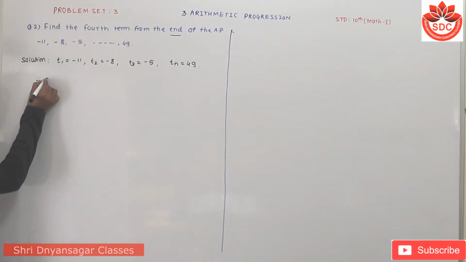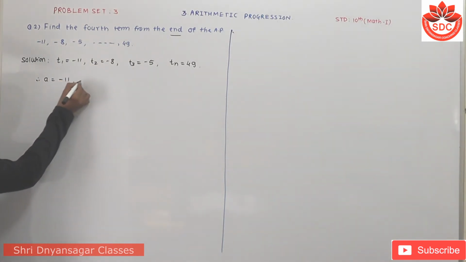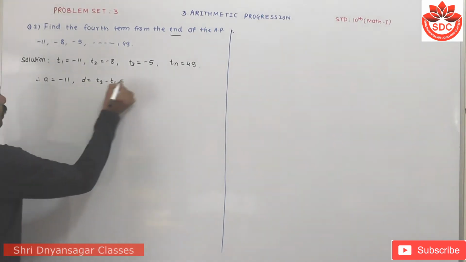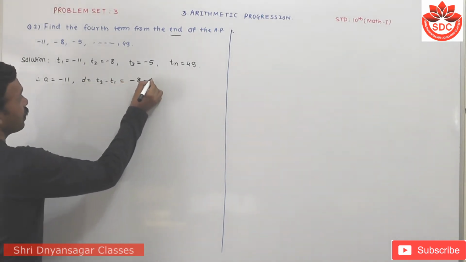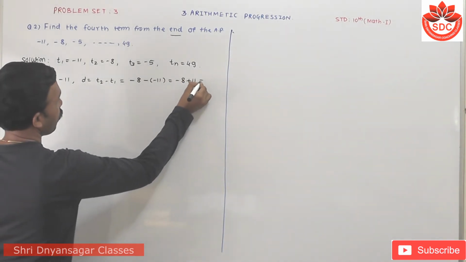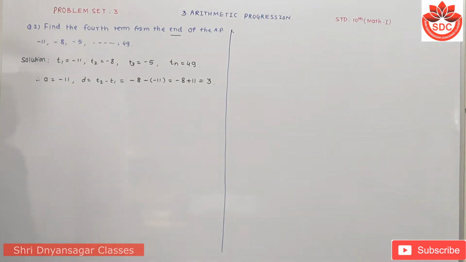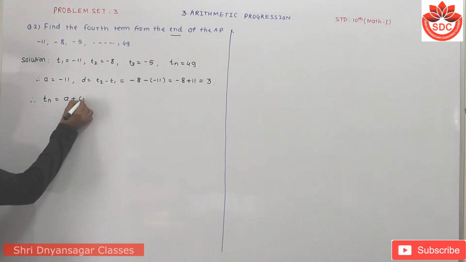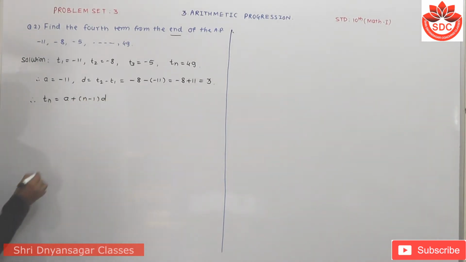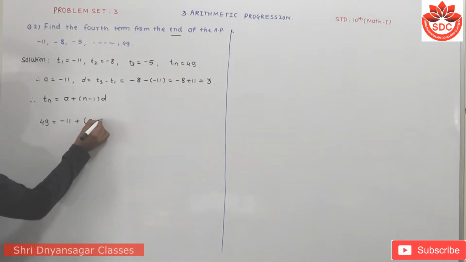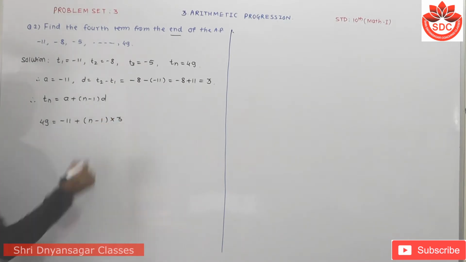Now for this, A is equal to minus 11, D is equal to T2 minus T1, which is minus 8 minus 11, meaning minus 8 plus 11, which is equal to how much? 3. Therefore we know the formula Tn is equal to A plus (N minus 1) into D. Substitute the values: Tn is 49, A is minus 11, plus N minus 1, which you have to find out, into D, which is 3.